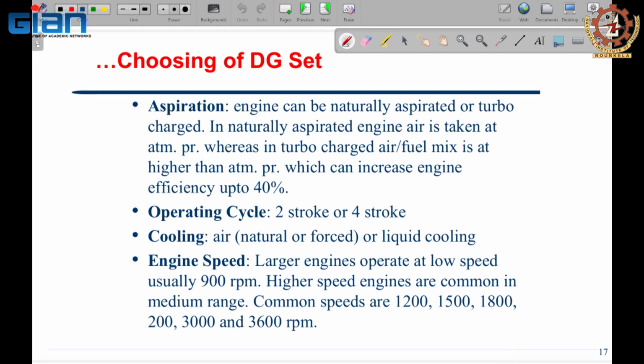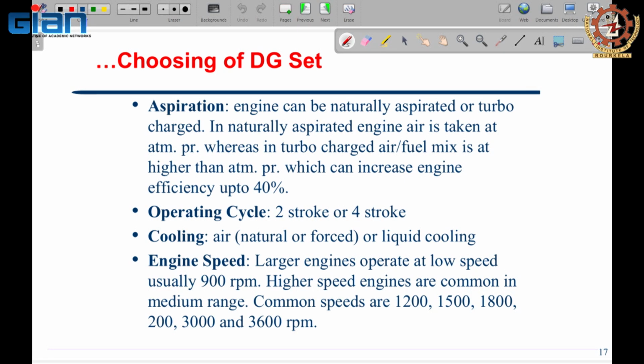Aspiration, what is the aspiration? Engine can be naturally aspirated or turbocharged. In naturally aspirated, air is taken at the atmospheric pressure, whereas in the turbocharged, air fuel mix at higher than atmospheric pressure can increase the engine efficiency.